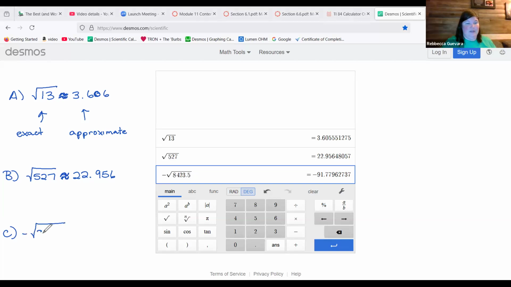It's just going to be negative. Remember, we're approximating again because we're approximating the square root on the calculator. 91.780 after I round it. So if I try to round here, this rounds up to a 10, so that rounds that up to an 8.